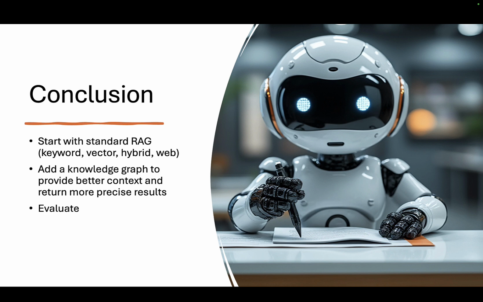And instead of vector search only, you can combine that with keyword searches into a hybrid search. You can add web searches or all of these different things together to provide the best context possible to your chat assistant. Now, if that doesn't work, or the customer has specific requirements where you think a knowledge graph can help, then of course do add a knowledge graph.